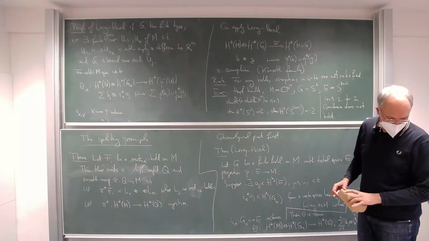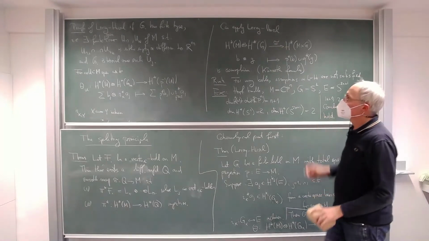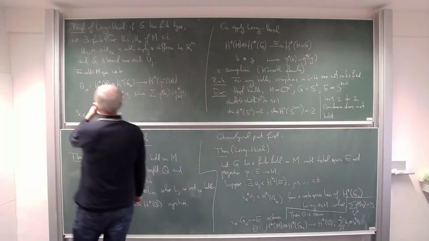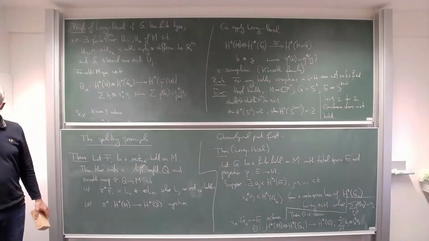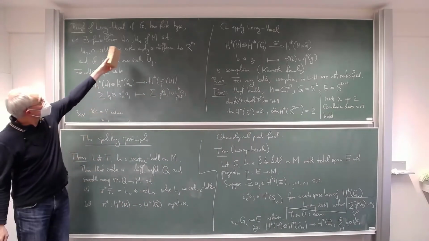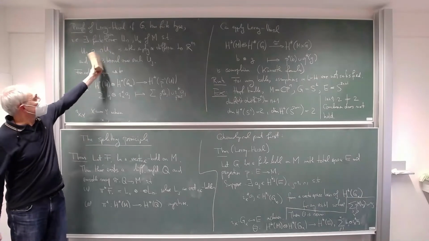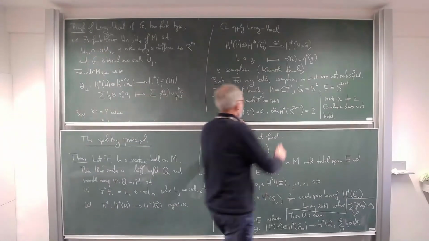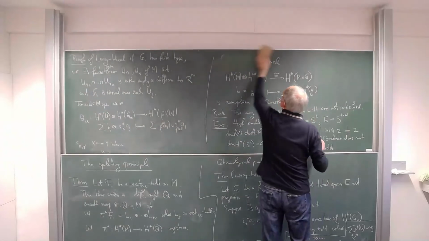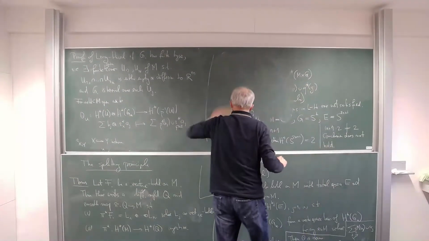And now we will start by arguing what happens if U is in fact diffeomorphic to Rn. So in particular this applies if U is one of these Uj's up there or one of these intersections. That's the first part.